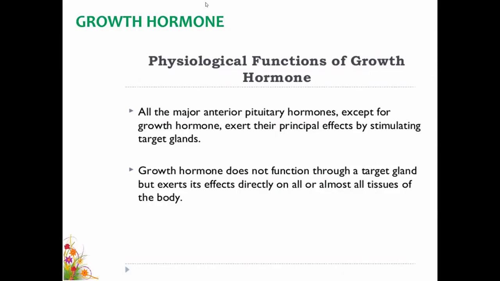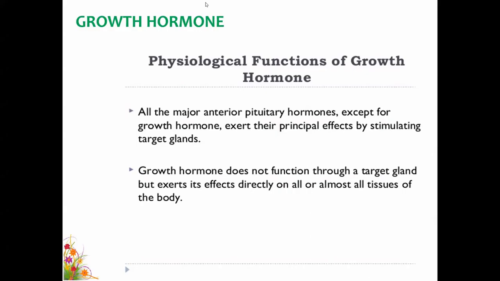The main function of growth hormone is to stimulate the growth of the body, and it has some exceptional characteristics compared with other hormones of the anterior pituitary gland, because all the major anterior pituitary hormones have their principal effect on a certain gland. They will have a target gland and they will stimulate hormones from the target gland. But growth hormone does not have any specific target gland.